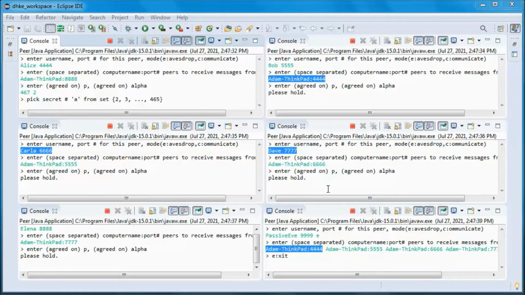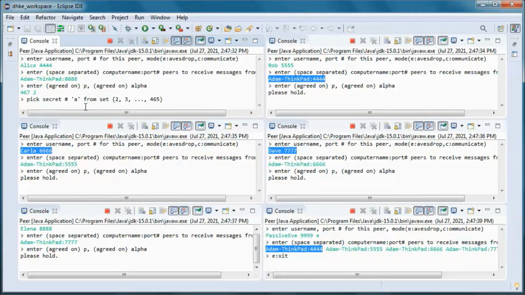And for the purpose of this prototype application, I had the first user that logs in, Alice in this case, enter the value for P and alpha.